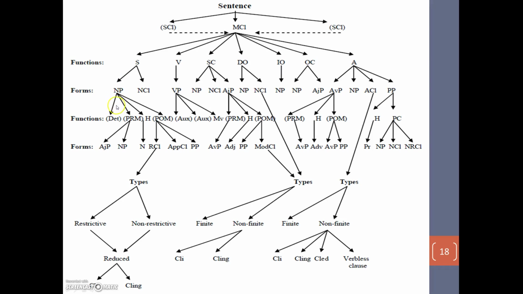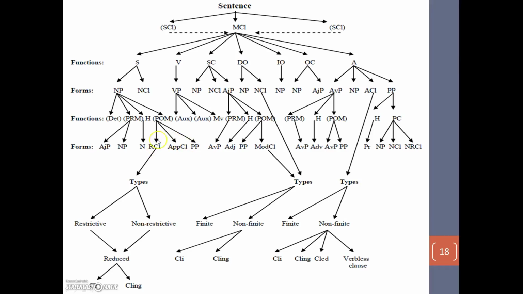And then we can see inside the noun phrase, if we go down into that phrase analysis, we will have a determiner, possibly a pre-modifier, then the head, and then a post-modifier. And then we can see, well, what kinds of things can occur as post-modifiers in a noun phrase? Well, relative clauses, appositive clauses, and then prepositional phrases.